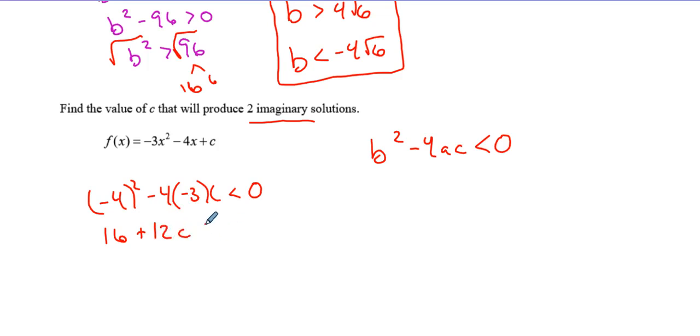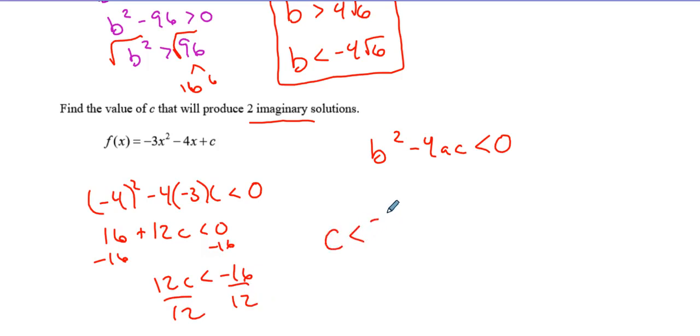12c less than 0. So let's get rid of this 16. So divide both sides by 12. And then I get when c is less than negative 4/3.